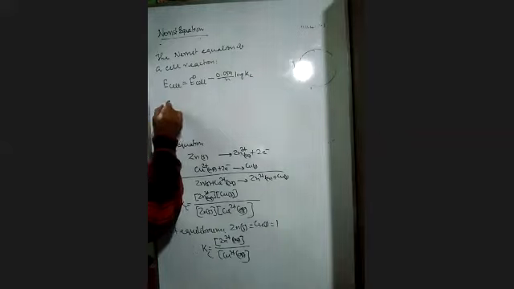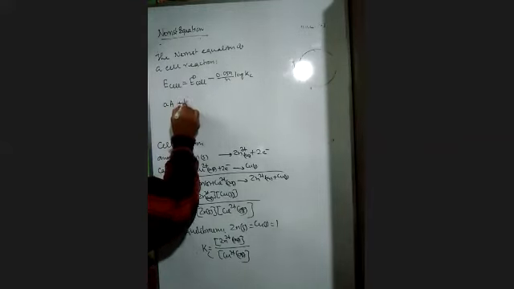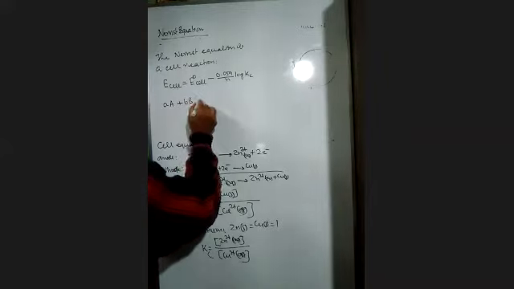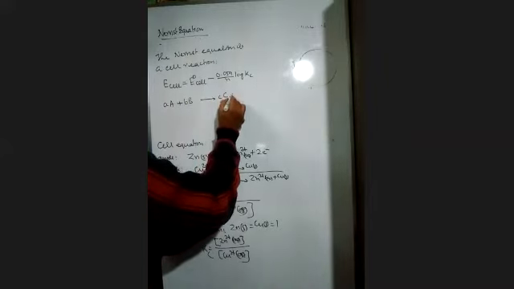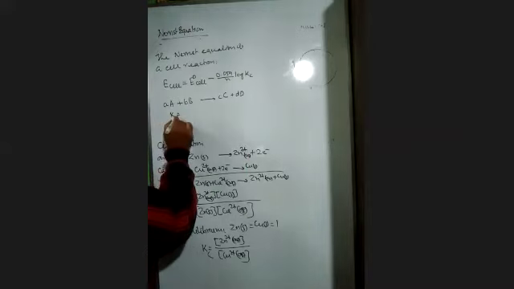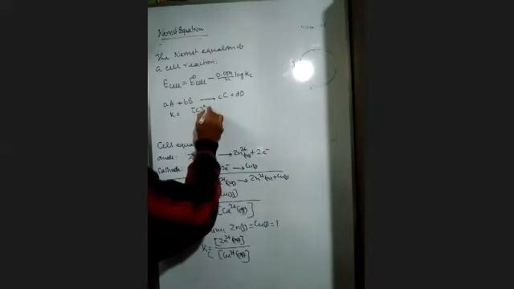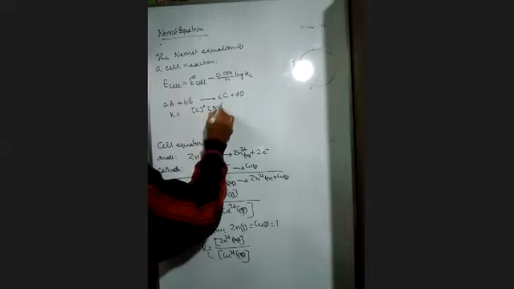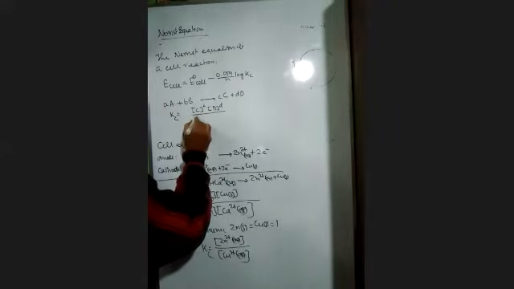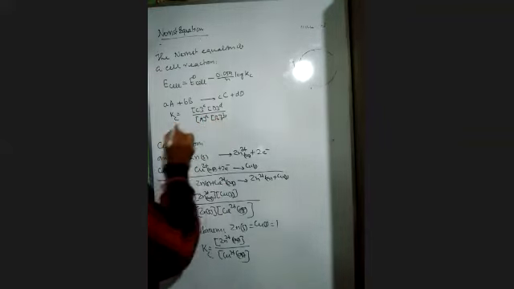If I extend it further, I'll write a general equation. a moles of A and b moles of B give c moles of C and d moles of D. So K is equal to C to the power c, D to the power d over A to the power a, B to the power b.